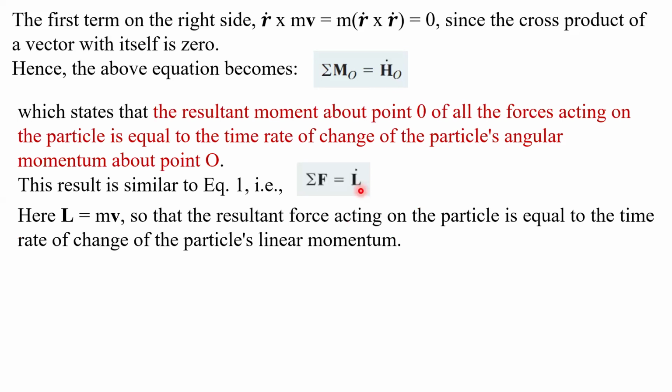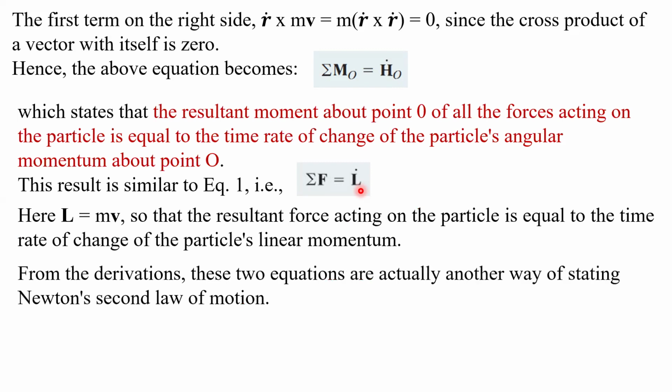So here, L is equal to MV, so that the resultant force acting on the particle is equal to the time rate of change of the particle's linear momentum. From the derivations, these two equations are actually another way of stating Newton's second law of motion.